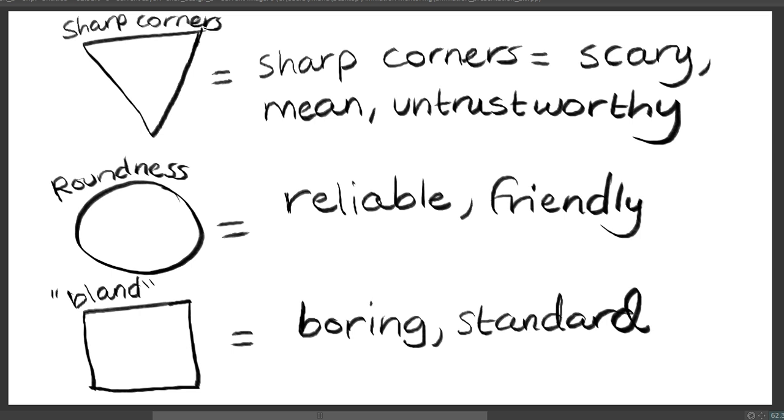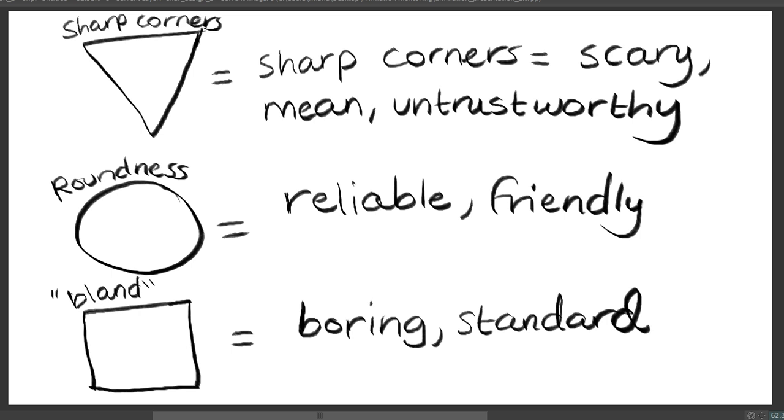There's a reason why some characters are given specific shapes. So for example, triangular shapes usually mean that the person is kind of mean and scary. Not all the time, but it's because of the sharp corners. Something in us humanly, we associate sharpness with scariness.